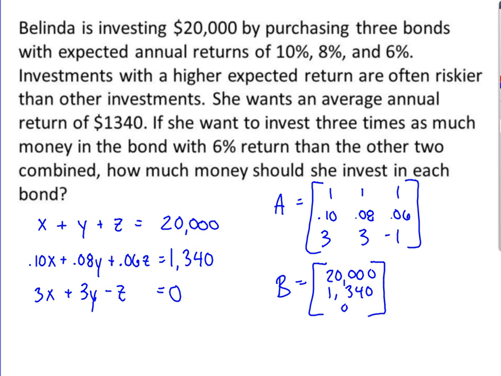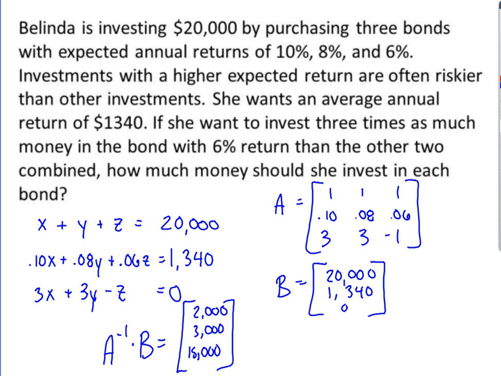To be able to solve this, we're going to do the inverse of matrix A times matrix B. So if we do the inverse of A times B, we're going to end up with our answer as 2,000, 3,000, and 15,000.